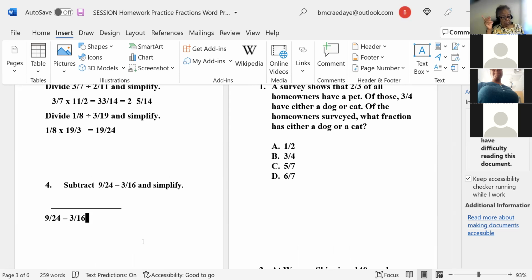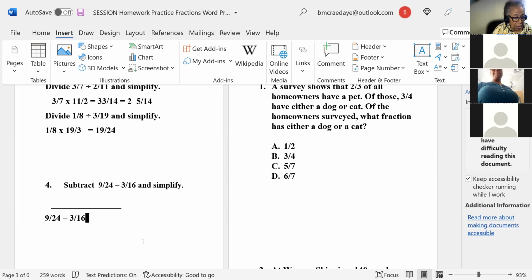You could do the cross multiplication, but you could also look at 24 and 16 and realize what number they have in common. In other words, what is the factor of 24 and the factor of 16?